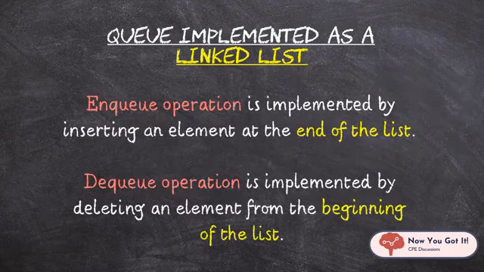Enqueue operation is implemented by inserting an element at the end of the list. Dequeue operation is implemented by deleting an element from the beginning of the list. When dequeuing an item, we must unlink the node from the list, but return the item stored in that node, and not the node itself.